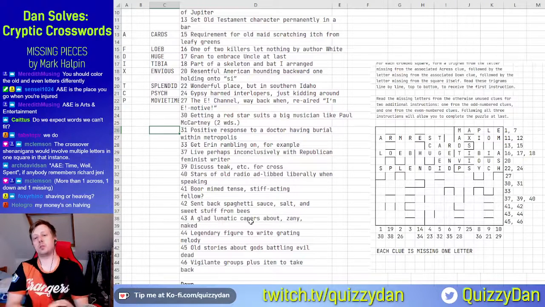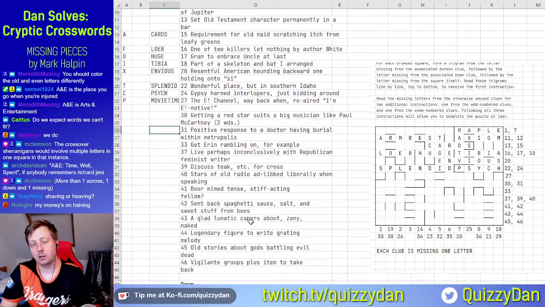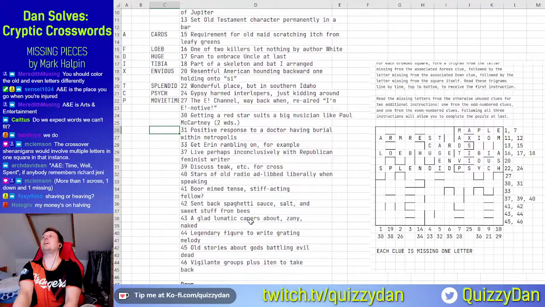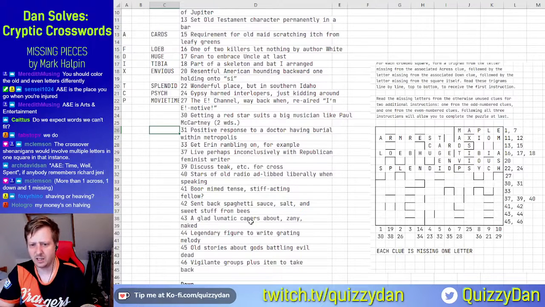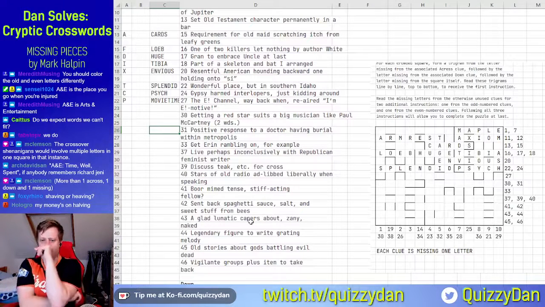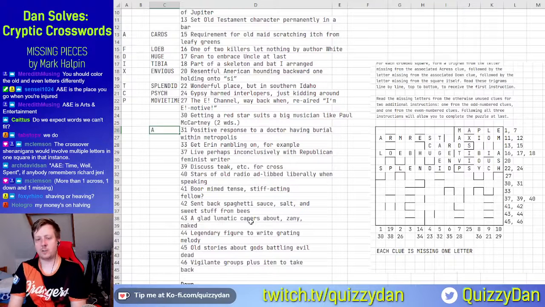Positive response to a doctor having BUR within Metropolis. So, I like halving. It's surrounded by 2 6-letter words, so halving one of them will give us a 3-letter thing. So we're going to put BUR in a metropolis, like London. A doctor, let's put as DR or MO.